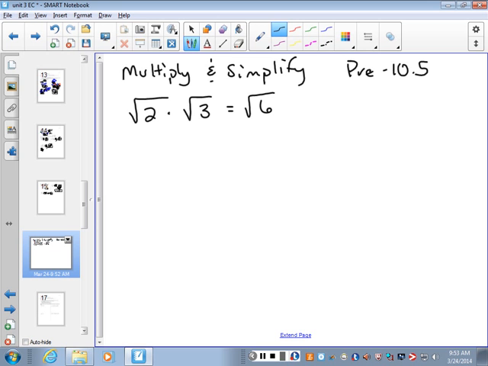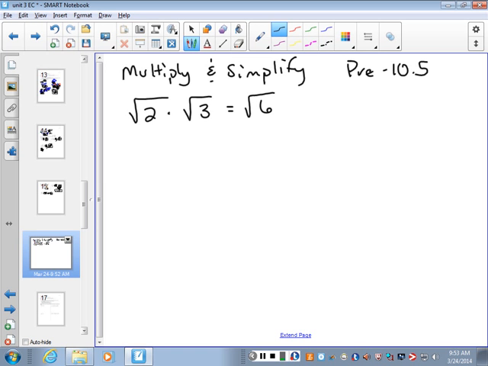Square root of 6. Can I simplify the square root of 6? So this will be a good little review too to get ready for your quiz. Simplify. Can I simplify the square root of 6? Again, it's a half sheet. It looks like a drill. Yeah, quizzes are drills with new numbers. That's all quizzes are, drills with new numbers.